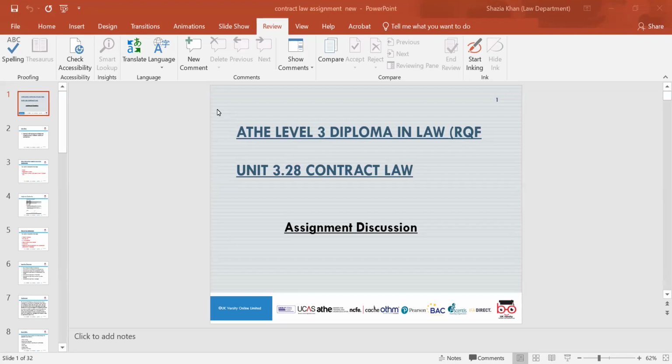We then went on to learning outcome 2, which was looking at understanding the key elements of a binding contract. And we looked at 2.1 within learning outcome 2, which looked at distinguishing between an offer and an invitation to treat.